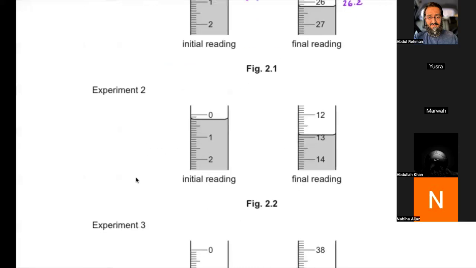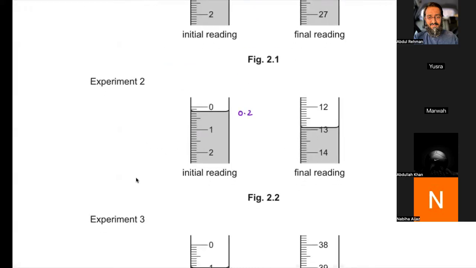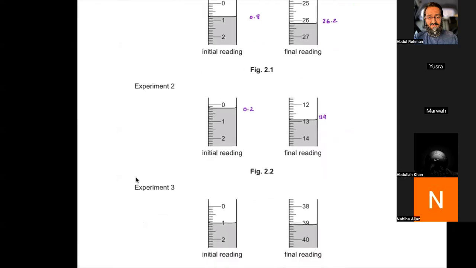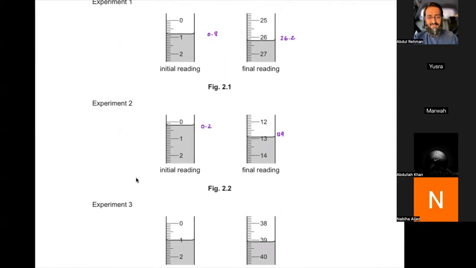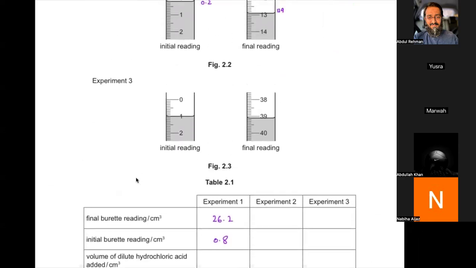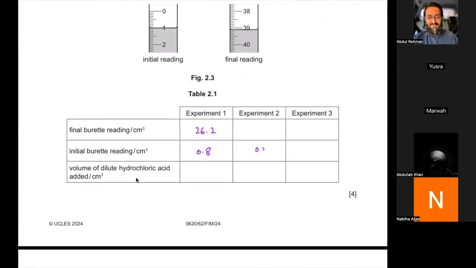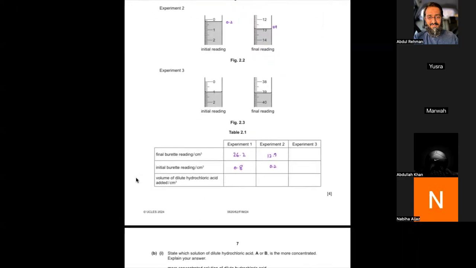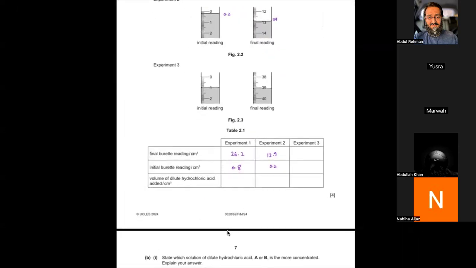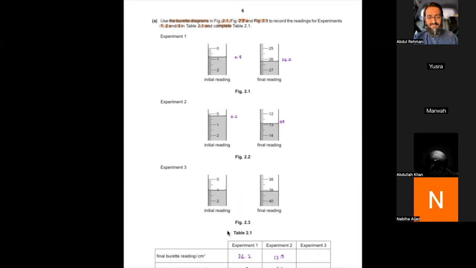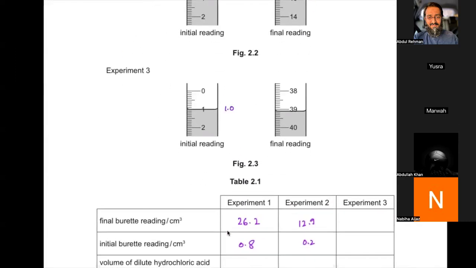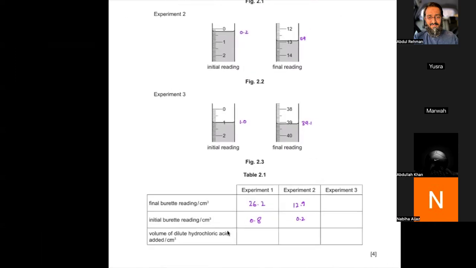For experiment 2, initial reading is 0.2, final reading is 12.9, isn't it? Then for experiment 3, initial is 1.0 and final is 39.1.